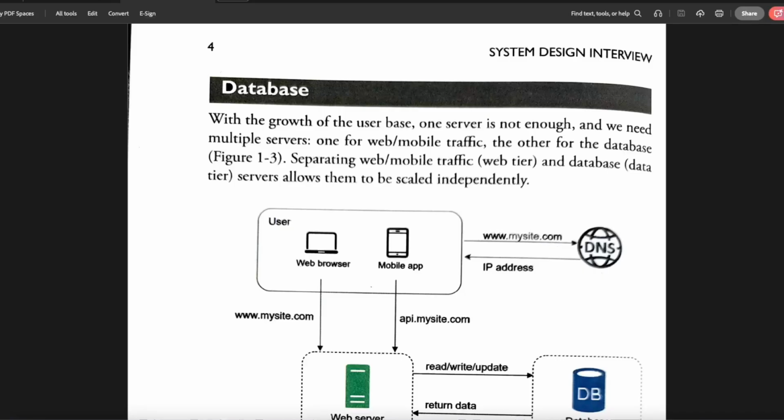In today's video, we are going to cover some core system design concepts that are extremely important for computer science students, IT students, and for anyone who is preparing for technical interviews. So as I said, we are following the system design interview book written by Alex Yu.